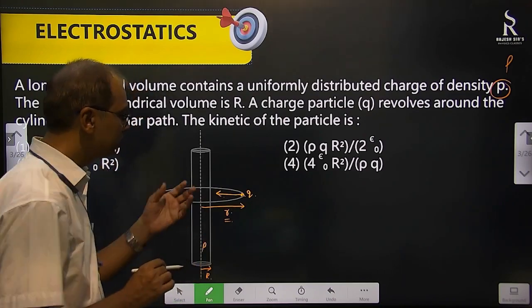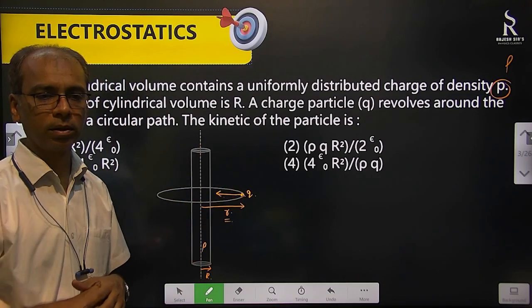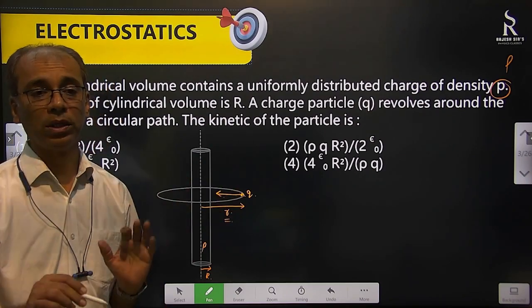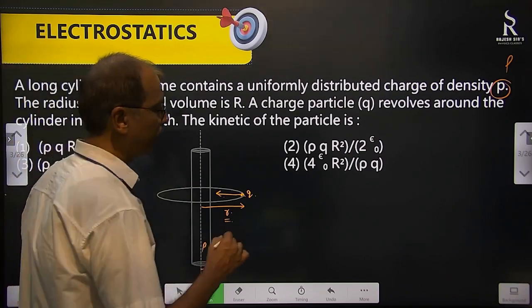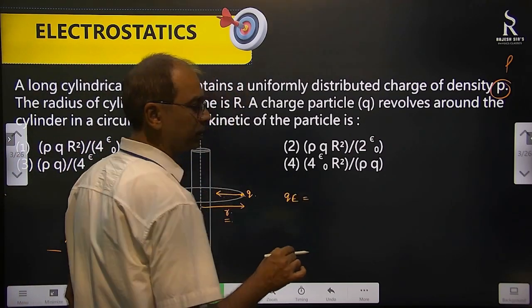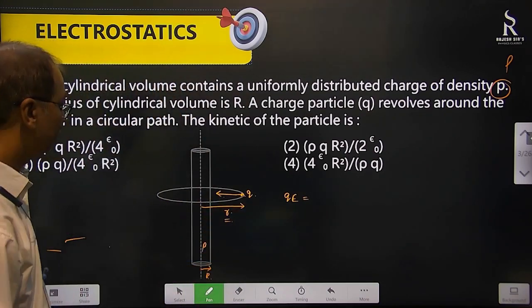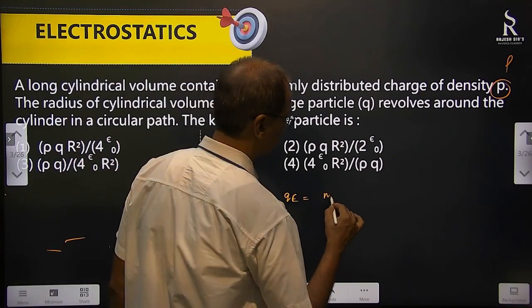So this is the charged body, and there will definitely be an electric field over here. So the force on this charge will be qE, definitely. Electrostatic force, and that must be giving the centripetal force. And centripetal force means mv square by r.